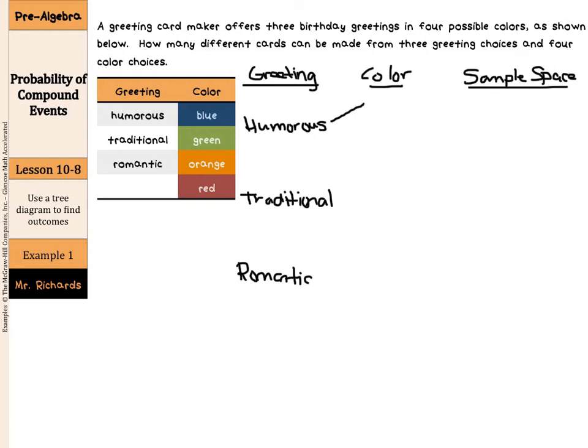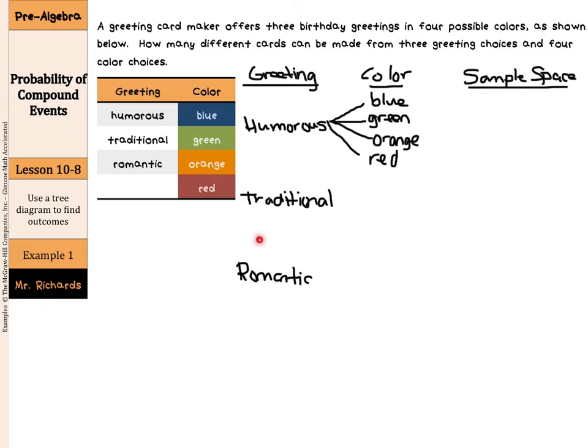You could choose a blue, you could choose a green, you could choose an orange, and you could choose a red. And that's what a tree diagram starts to look like.